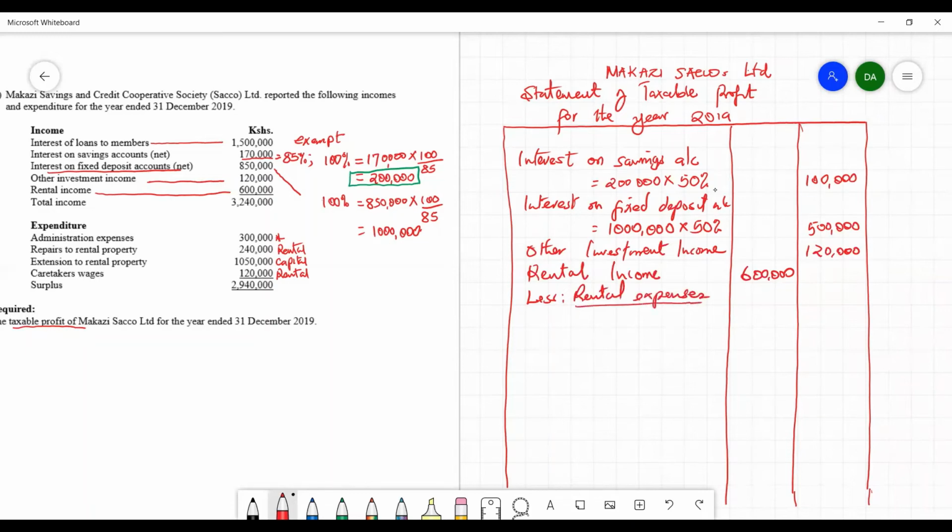The first one is repairs to rental property, which is equal to 240,000.